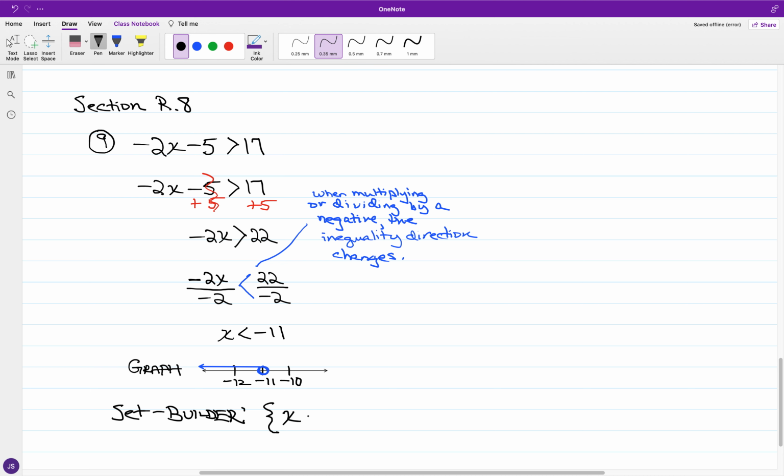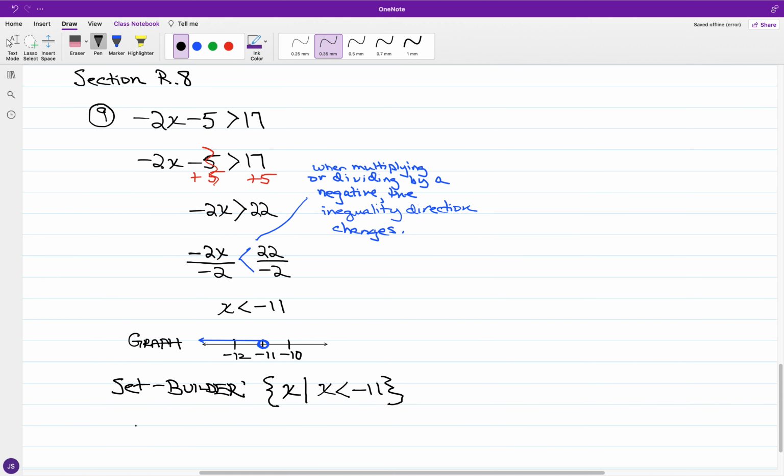And your opening statement is going to be the set of whatever variable you're solving for. Like this, in this case, a set of all values of x such that, and we have a vertical slash, and then you just fill in the inequality. Okay, so we have the set of all values of x such that x is less than negative 11.